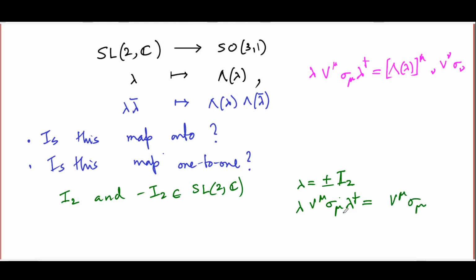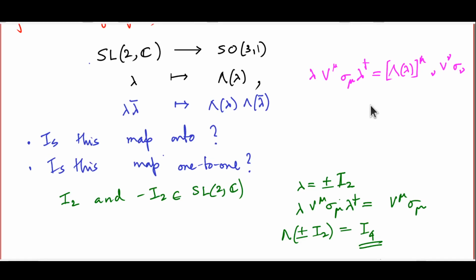In other words, capital Lambda corresponding to plus or minus identity will become a 4 by 4 identity matrix, that is, the identity Lorentz transformation. This immediately answers the second question in the negative. This map is not one-to-one. At least two distinct matrices in SL(2,C) map onto the identity in SO(3,1).